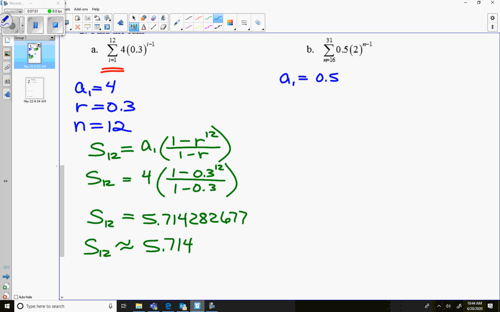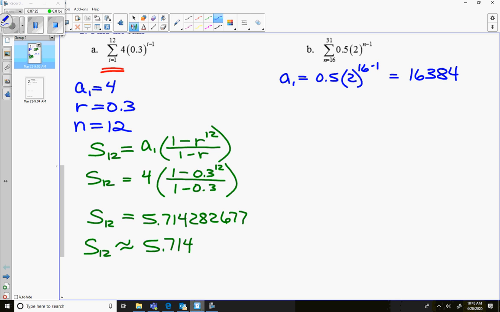It's going to be 0.5 times 2 to the 16 minus 1. So 2 to the 15th power, and then times 0.5. Again, that would require a calculator. I'm cheating because I have the answer already. I'm not going to waste time in the video punching it out in the calculator.